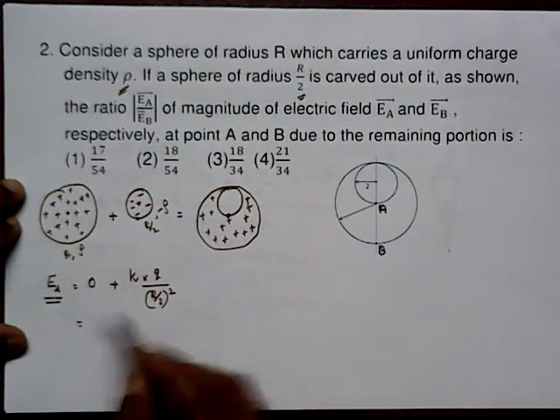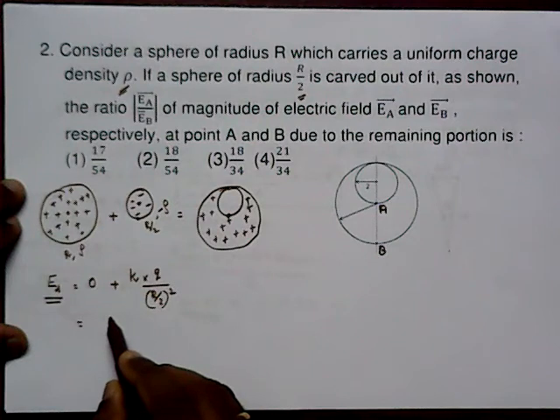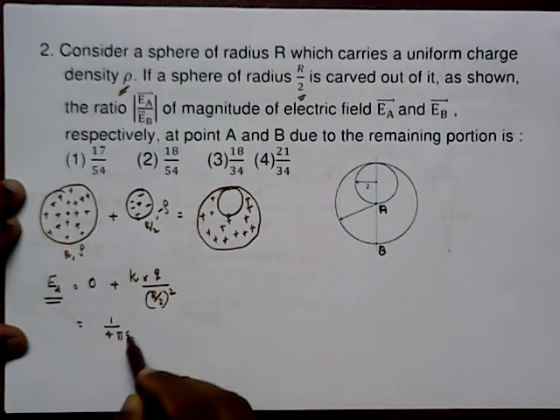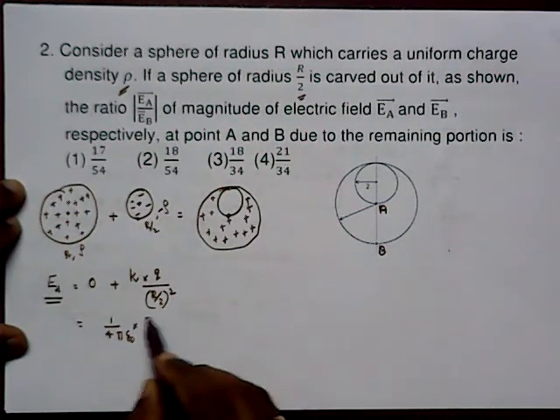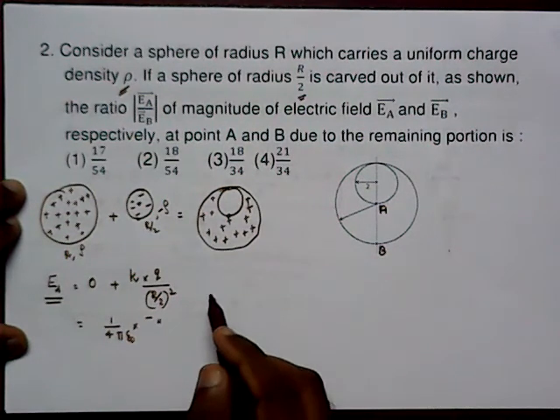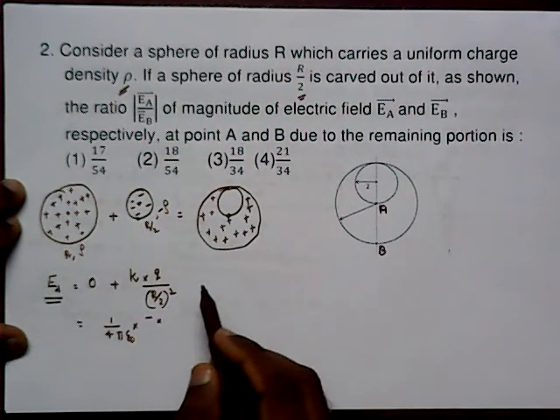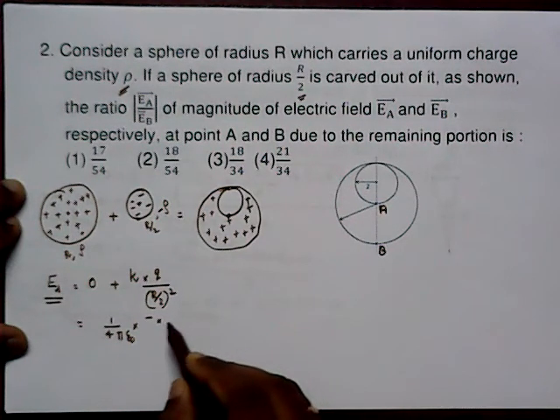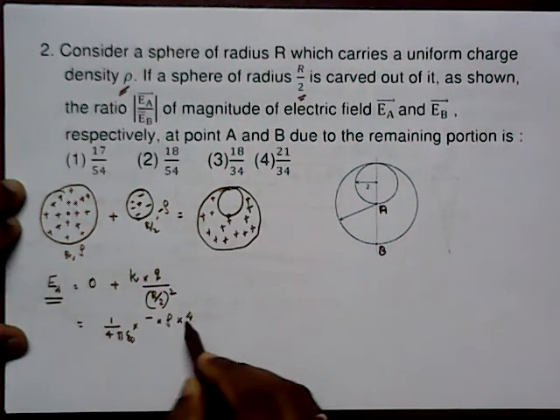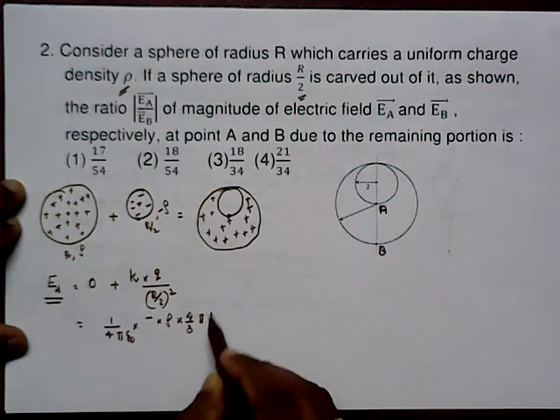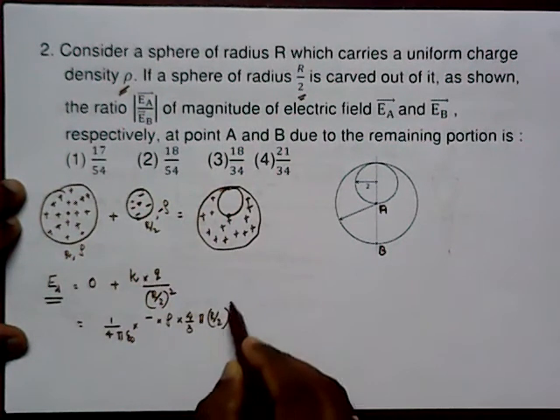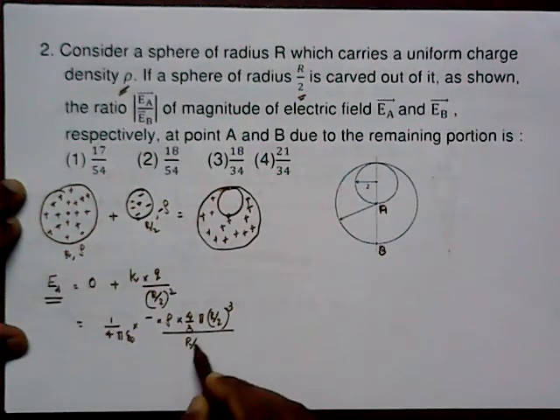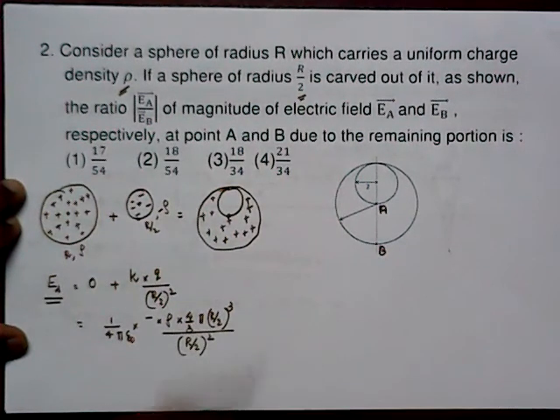So that is equal to k, which is 1 by 4 pi epsilon 0, into, because of the negative charge, minus, into, you know, the density is charge by volume. So charge is equal to rho into volume as 4 by 3 pi into R by 2 the whole cube, divided by R by 2 square.